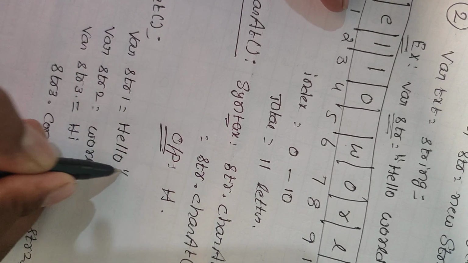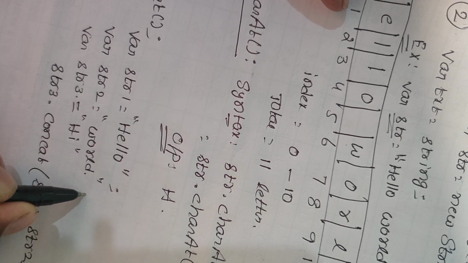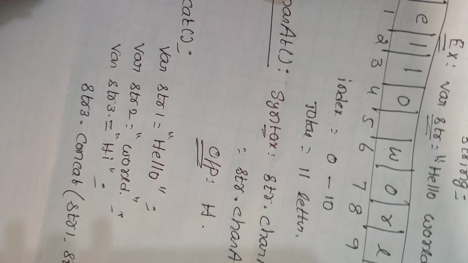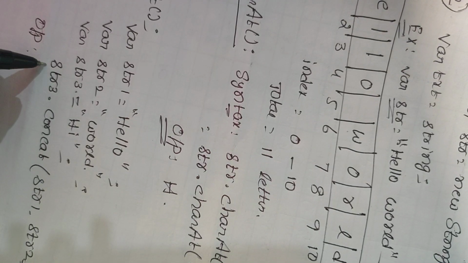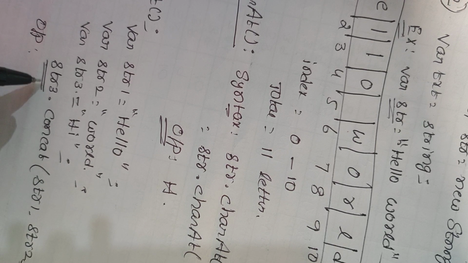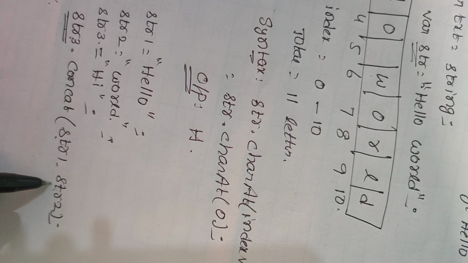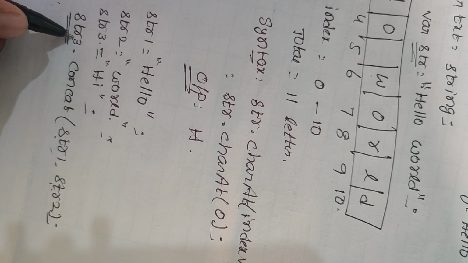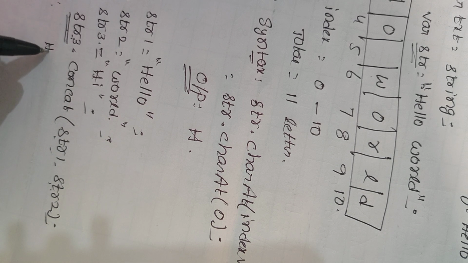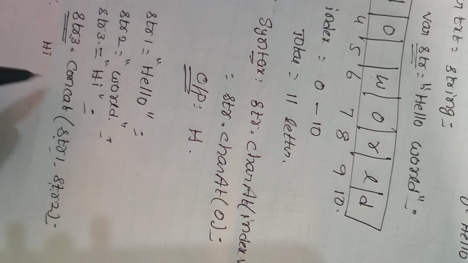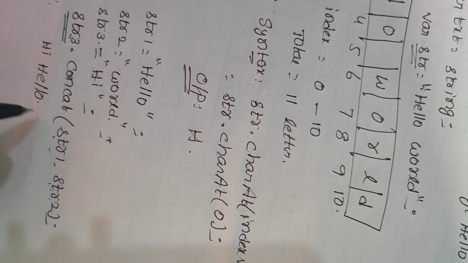Every string is represented within double quotation marks and ends with a semicolon like this. This is the syntax. Now we are guessing the output. The output means whatever the string object does: first string 1 and string 2 are combined and stored again into string 3. So first of all, what is the str3? It is "hi". Then after that str1, that is hello. The next one is str2, that means world.